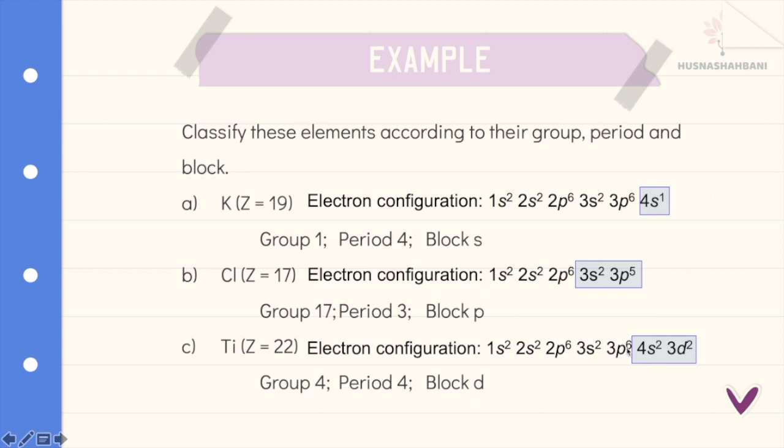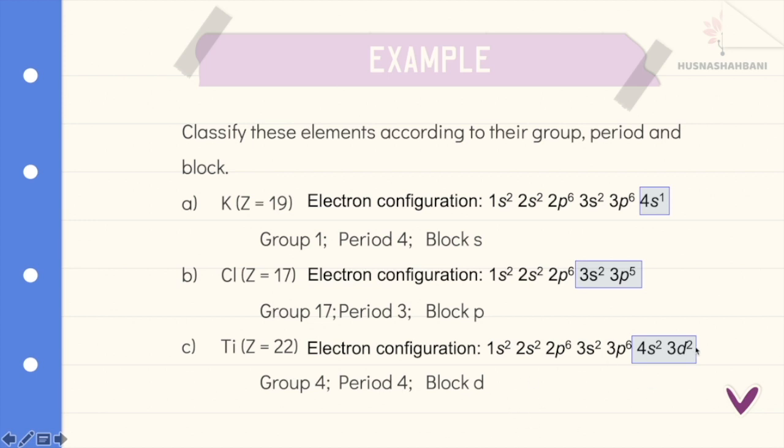So these are our valence electrons. 4 valence electrons, because it involves n and n minus 1, because we have d orbital here. Special case with d orbital. So the valence electron is 4, involving s orbital and d orbital.